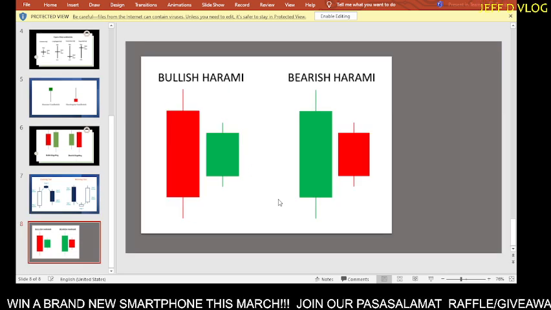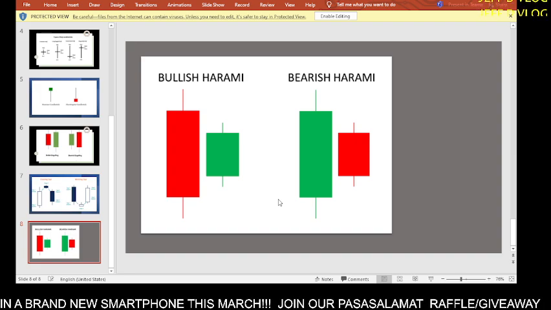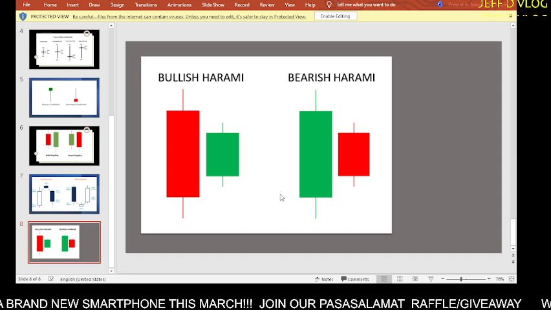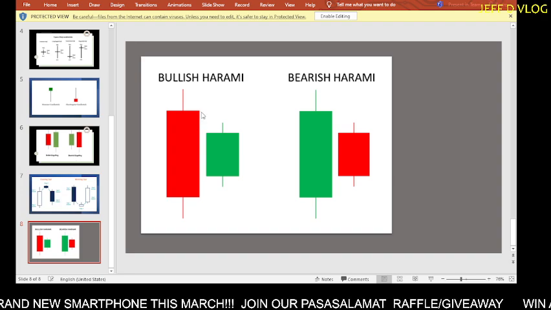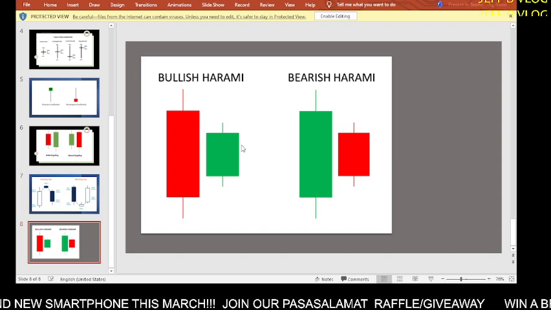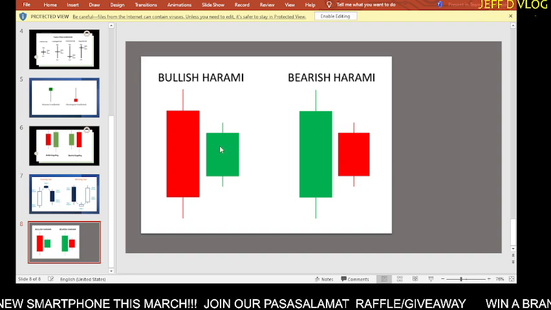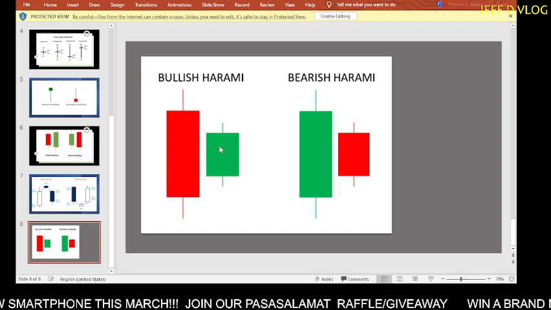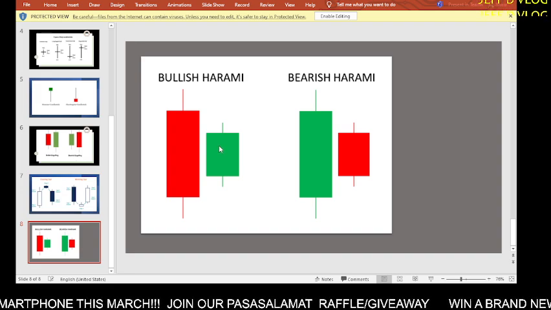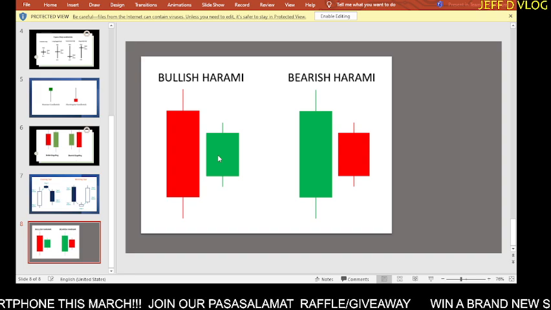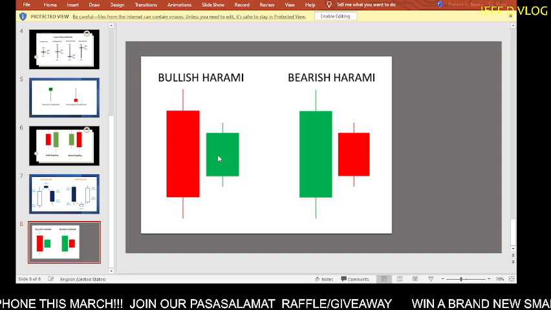And the last one, we have bullish harami and bearish harami. So what are these harami? As you can see, that's how it looks. The bullish harami candle is similar to the reverse form of the bearish engulfing. It's just a reverse image.